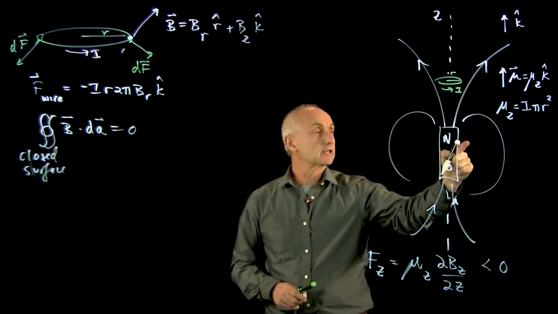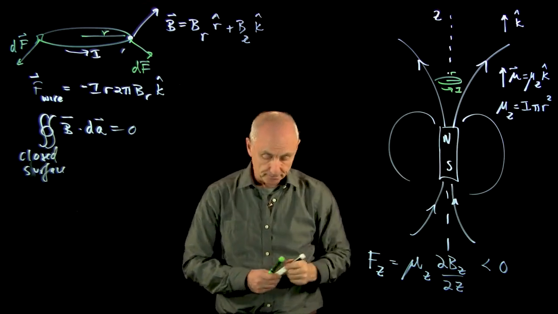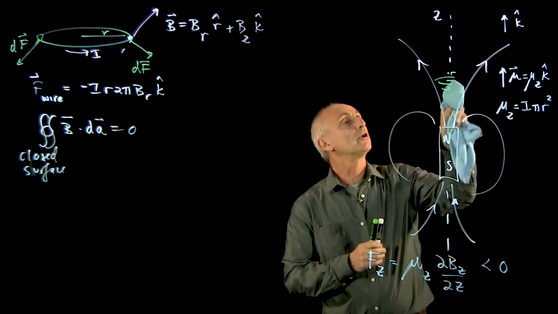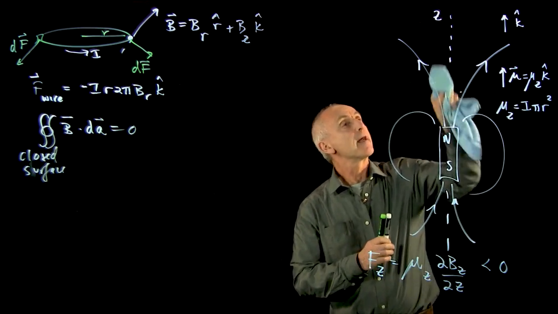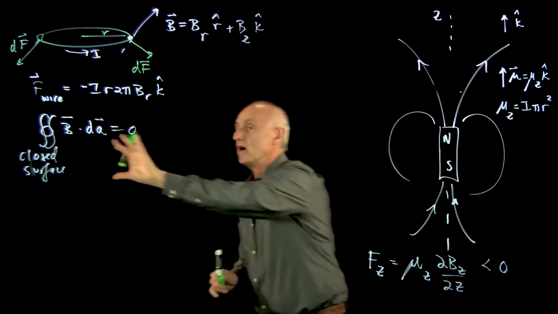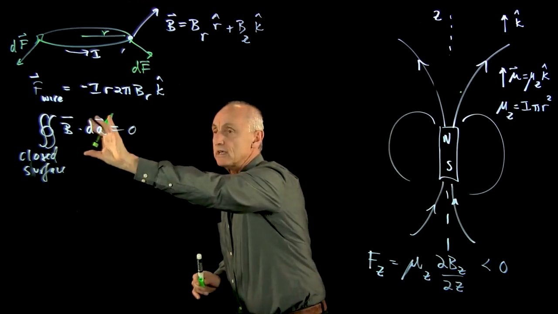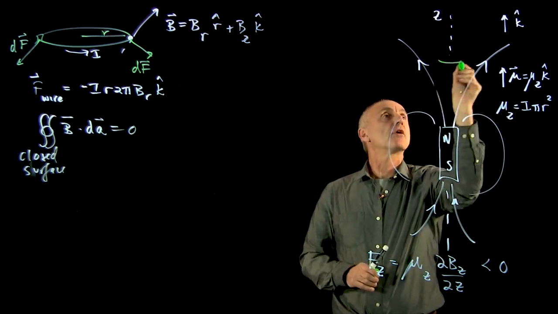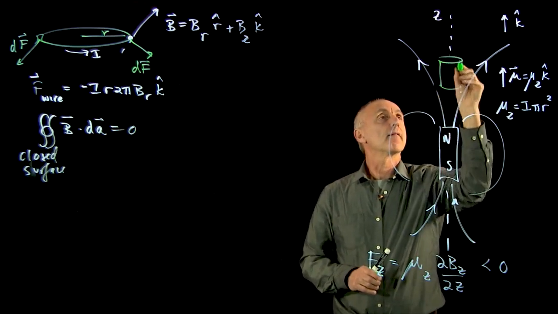And in particular, I'd like to apply that to our magnet. So we don't need our current loop here anymore. And I'm going to pick the equivalent of a Gaussian surface for magnetism. So I'm going to pick a little surface like this.